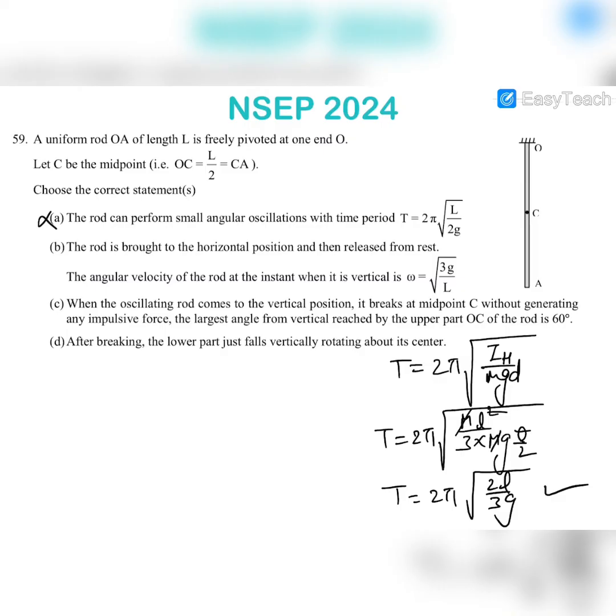Now the rod is brought to horizontal position and then it is released from rest. We have to find the angular velocity of the rod at the instant when it is vertical.